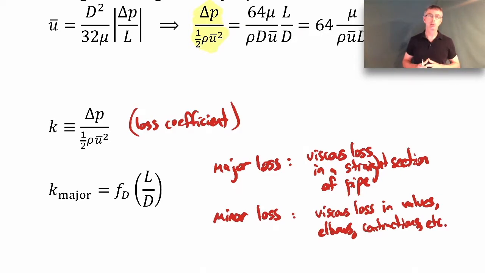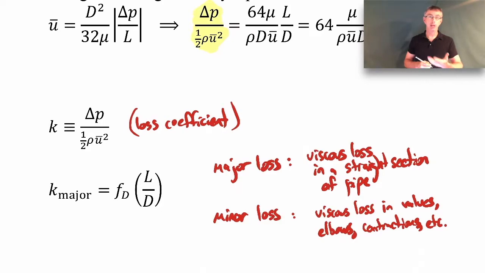So we just break up those losses into two parts. We have losses due to viscous effects in a straight section of pipe, and losses due to viscous effects in things like pipe bends. A contraction is where the pipe suddenly contracts. An expansion is where the pipe suddenly expands. Tees, where the fluid goes and breaks into two parts. Things like that. Those are all called minor losses.